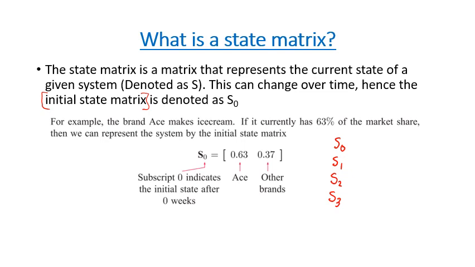If we're looking at the example, the brand Ace makes ice cream. It currently has 60% of the market share. So that means 60% of people who eat ice cream are going to eat Ace ice cream, and the rest of the population is going to eat another brand.